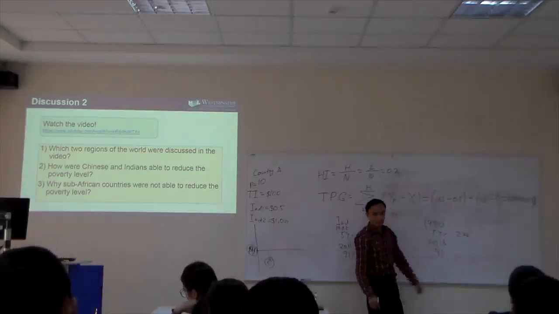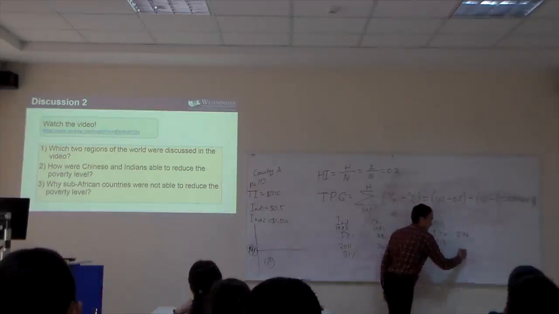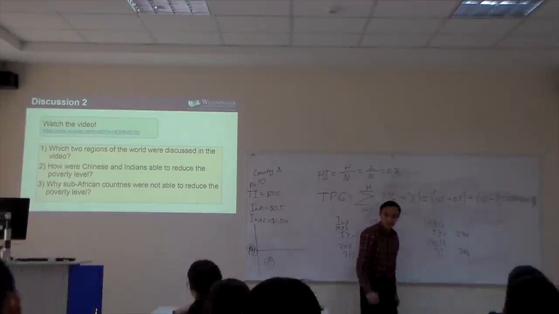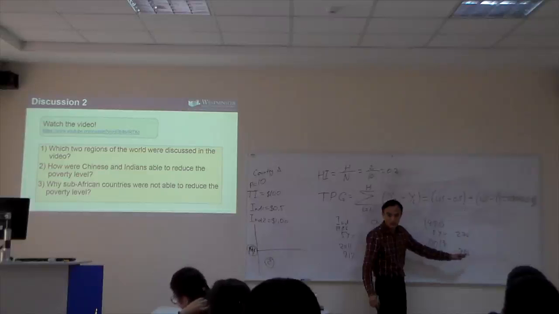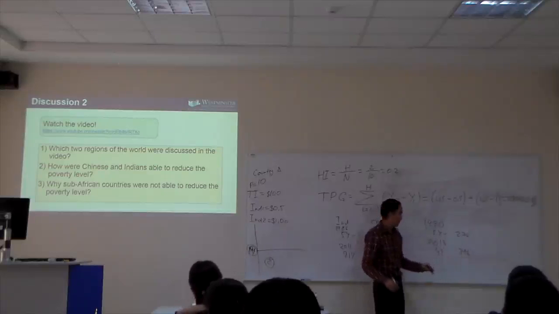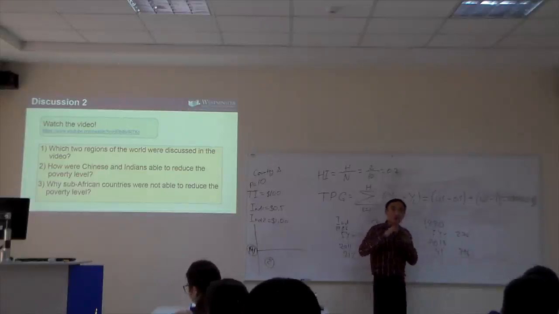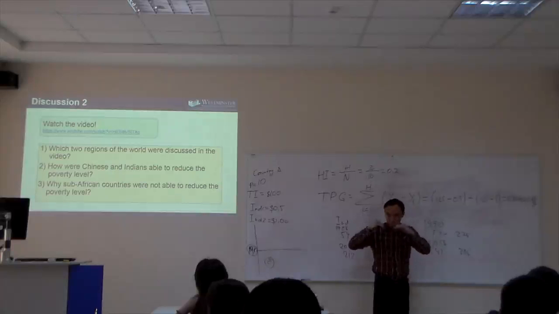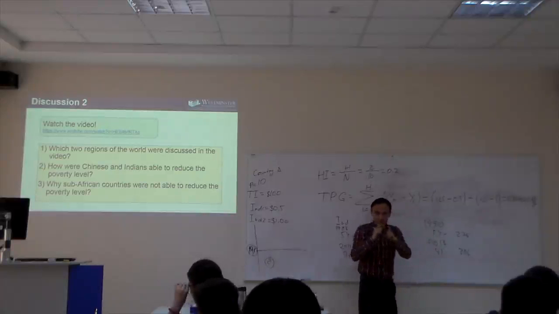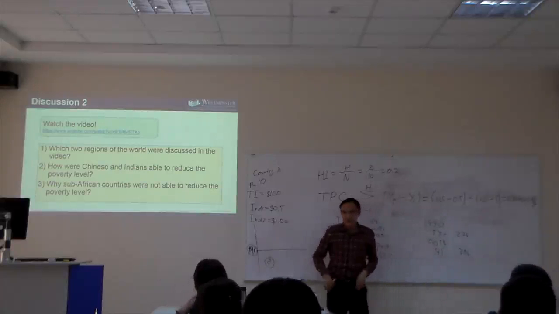But in 2013, the number reached almost 400 million. It increased by more than 100 million, right? Why? Because the population growth rate was greater than the reduction in poverty level.